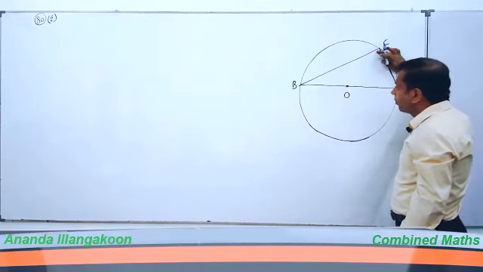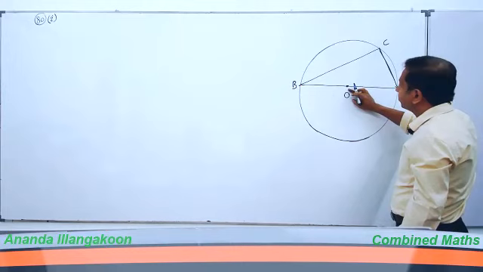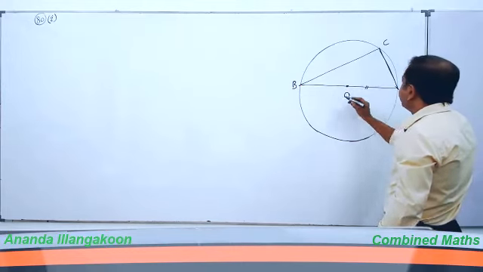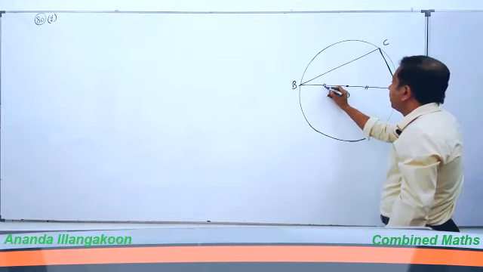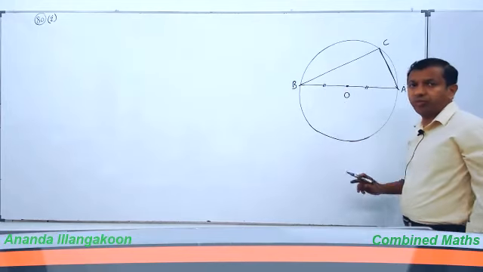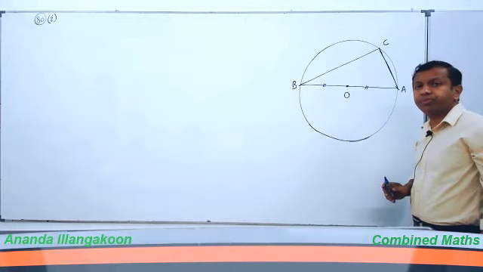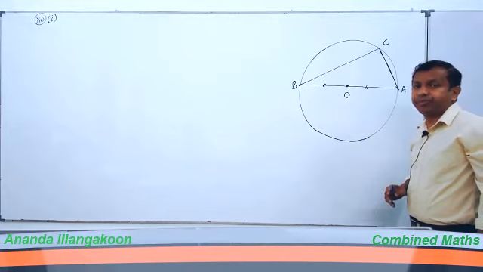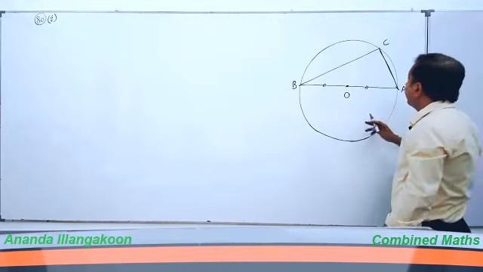This is the center of the circle. I take this, you know, OA length and OB length are equal. Why? The same radius, no? OA length and OB length are equal, same radius. I take this OC.